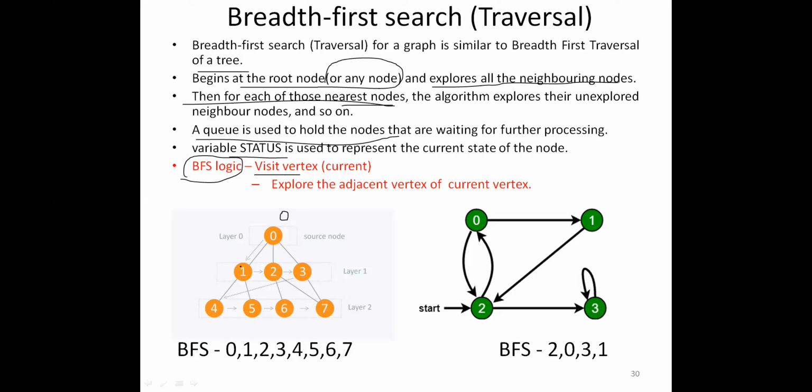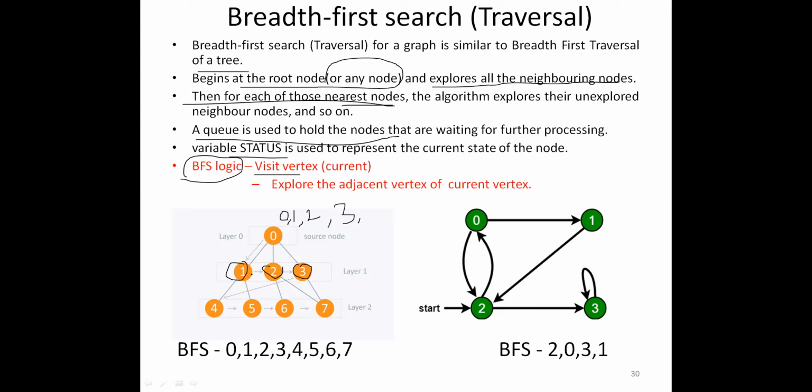Who are the neighbors, the connected ones? This is an undirected graph, so 1, 2, 3 are the adjacent nodes to 0. Then I start visiting those. Who are the adjacent to 0? 1, 2, 3. Finished. Then what will I do?